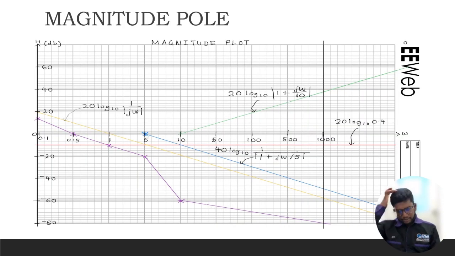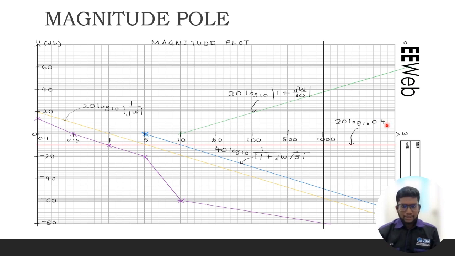First, this is the magnitude plot graph that I mentioned. The value of -8 is the gain value for this graph. I plot 20 log 0.4.